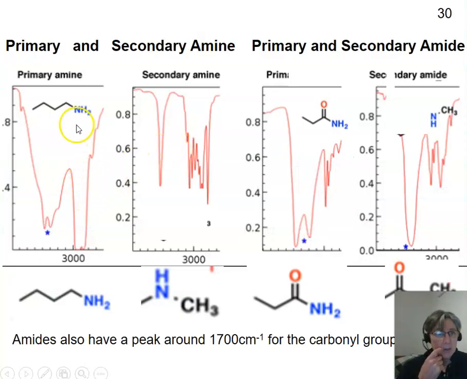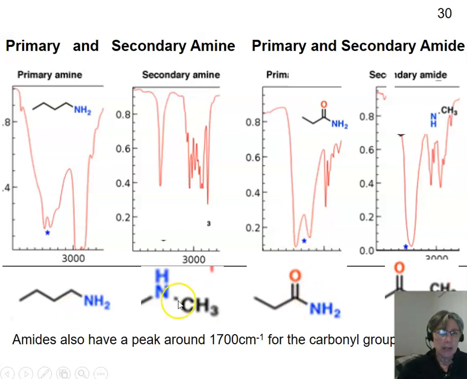Okay, so primary ones, when the NH is on the end of a carbon, have the twin peaks, and a secondary one, when you've got the NH between carbons, doesn't really look like an alcohol, it's too skinny, too short, and there'd probably be some clue that that's a nitrogen.